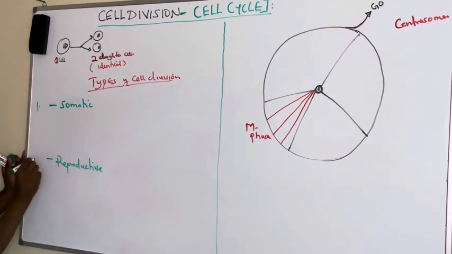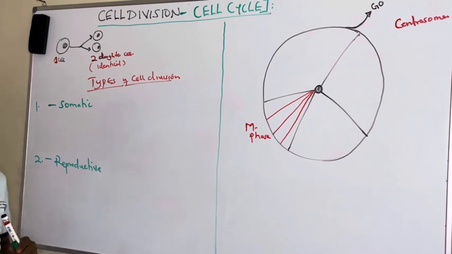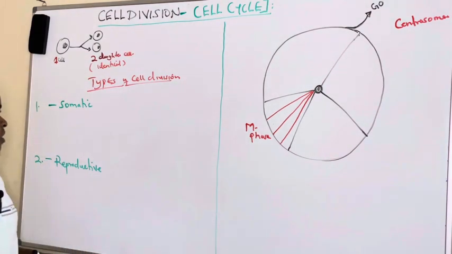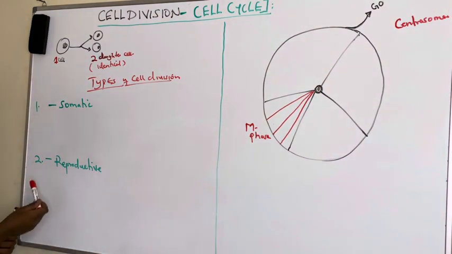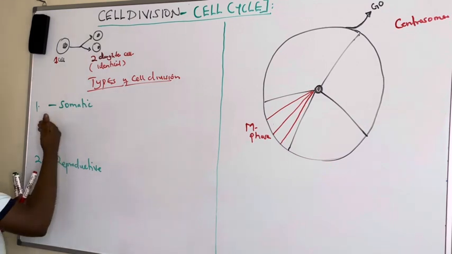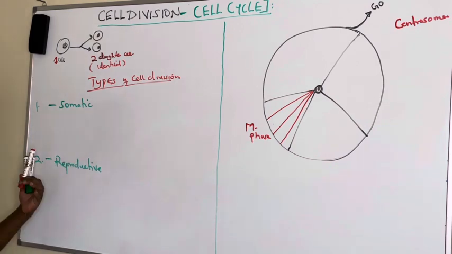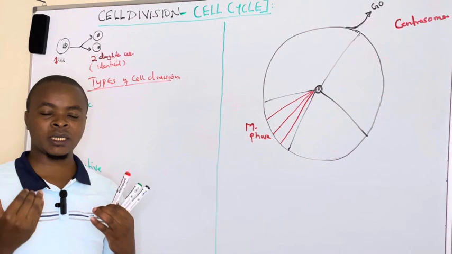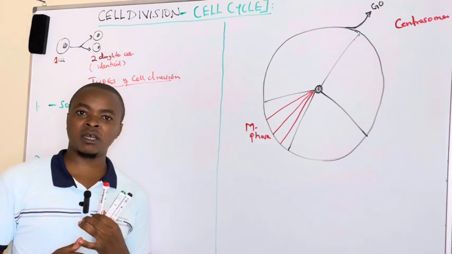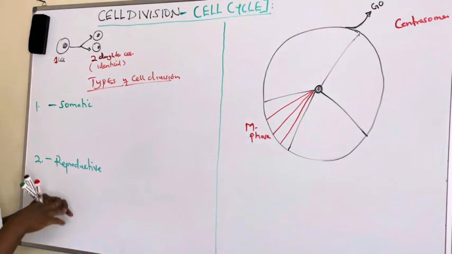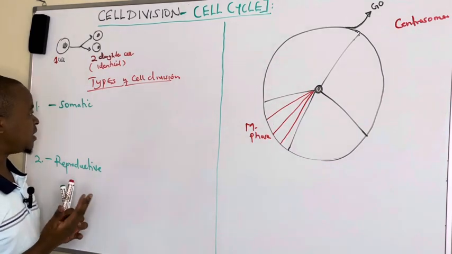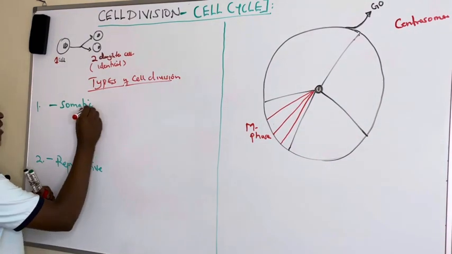So these are the two major types of cell division, which undergo the cell cycle. Under somatic cell division, these somatic cells are found all over the body except the germ cells, that is the sperms and the oocyte. So all other cells of the body except the germ cells are called somatic cells.